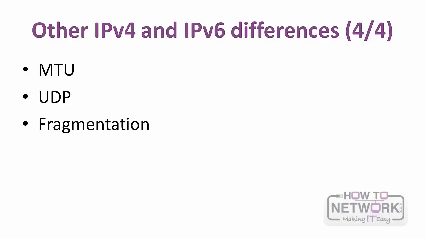Fragmentation. Only the IPv6 packet's source node can perform fragmentation. If an intermediate node, such as a router, receives an IPv6 packet that needs to be fragmented, it will discard the packet and send an ICMPv6 packet too big error message back to the source.